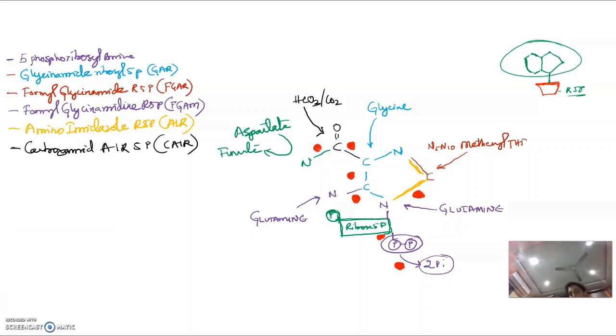There are two compounds formed. The first compound formed during this is succinyl carboxamide aminoimidazole ribosyl 5-phosphate, or SAICAR.